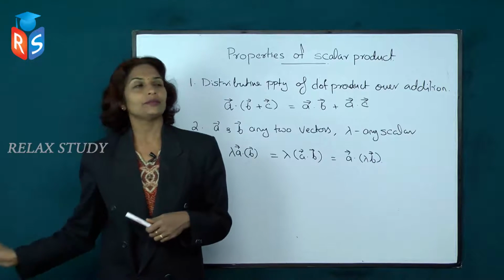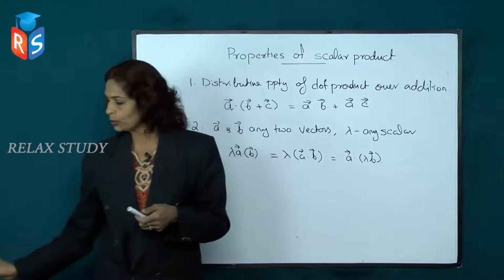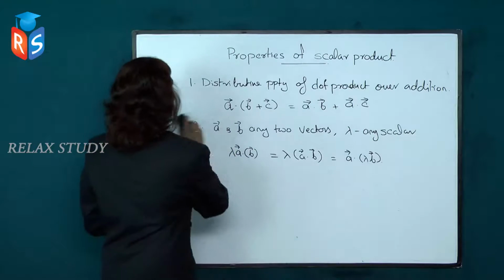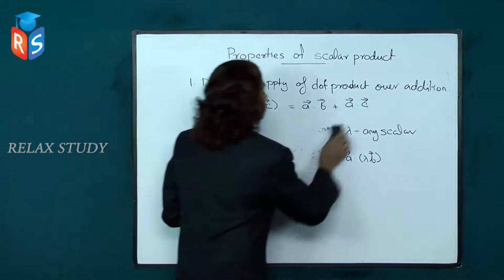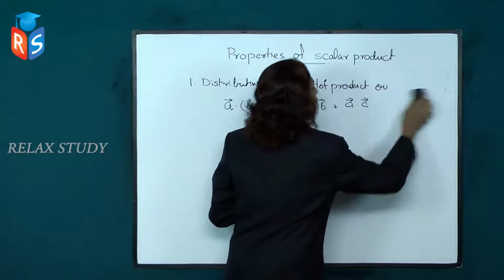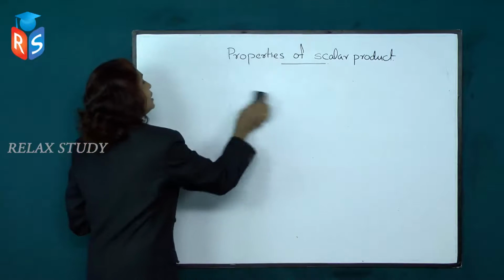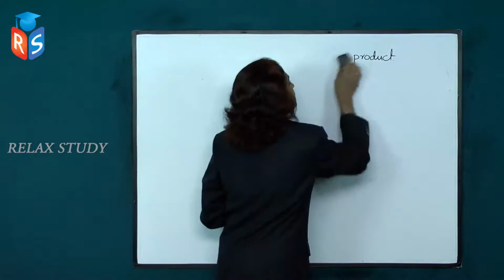Now let us see the product of two vectors in terms of components. Now let us find the product of two vectors A and B if vector A and vector B are given in terms of components.